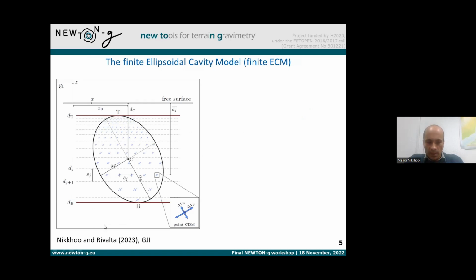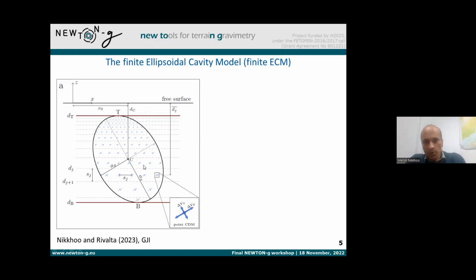The work has already been published in GJI, and basically we found a minimum number of point sources that are distributed within the cavity, but not as a uniform distribution. As you see, this distribution is depth dependent.